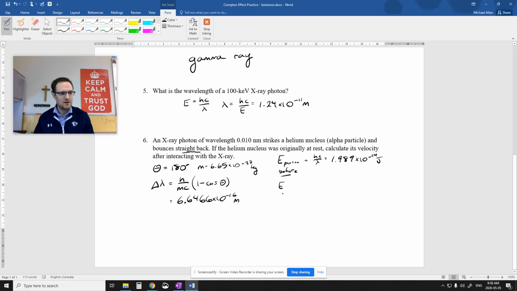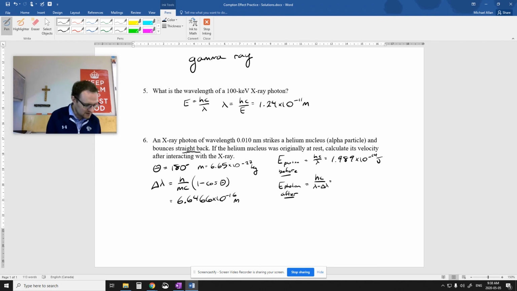Okay. Now afterwards, it's going to be hc over the lambda plus the change in the lambda. So that's not going to be too much of a difference between the two. I'm going to take that nanometer one, the one we just did, and add in my change.